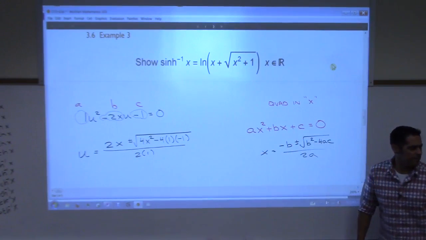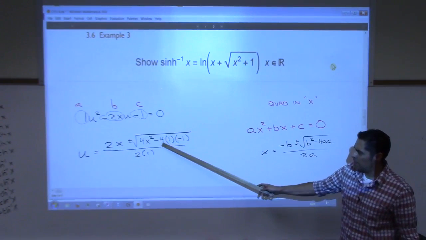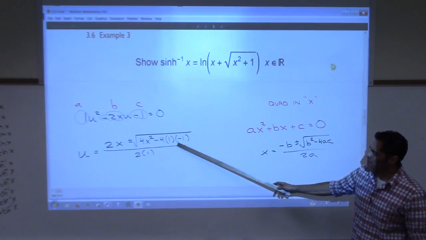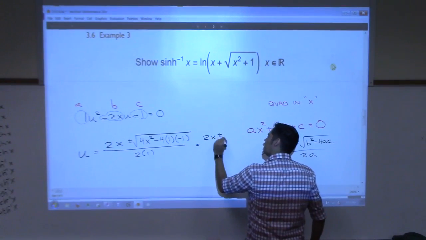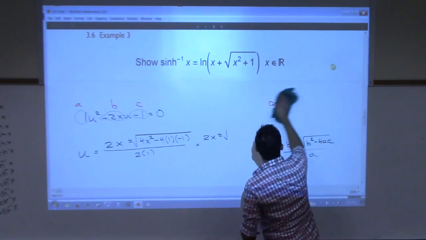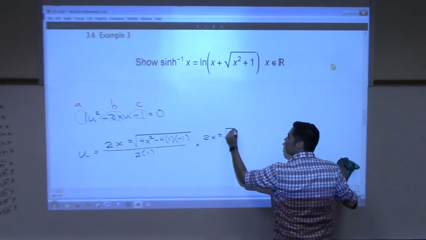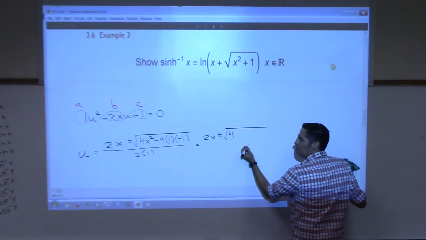Everyone see that? All right. What is this right here? These three guys right there. It's positive 4. So I get 2x plus or minus the square root of 4x squared plus 4.